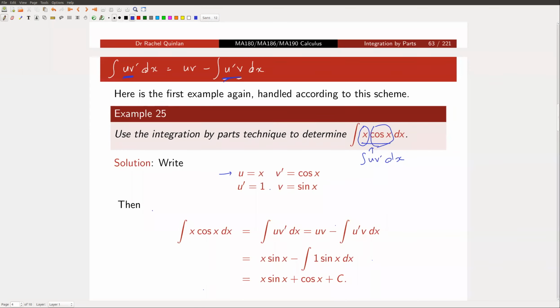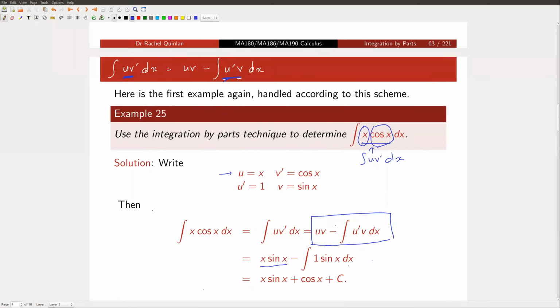Okay, so the integration by parts formula tells us that we should rewrite the integral of uv dash as uv. Well, u is x, v is sine x, so that part is x sine x, minus the integral of u dash v. u dash is 1, v is sine x, so that's just minus the integral of sine x dx.